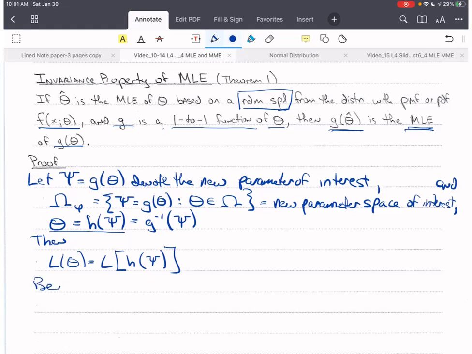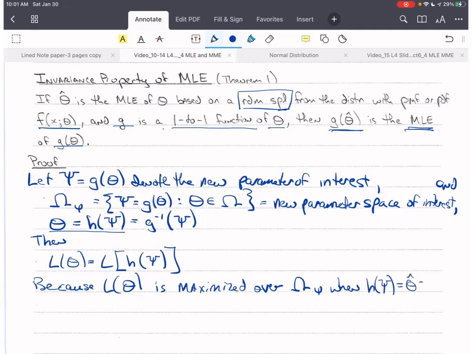And we can say because L of theta is maximized over sigma of phi when h of phi equals theta hat equals g inverse of phi, right? Okay.